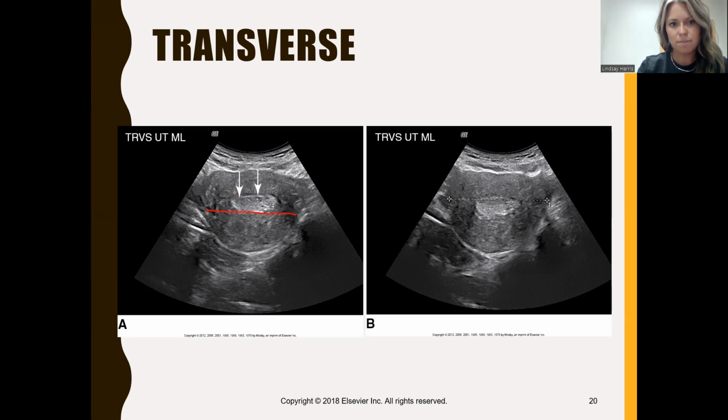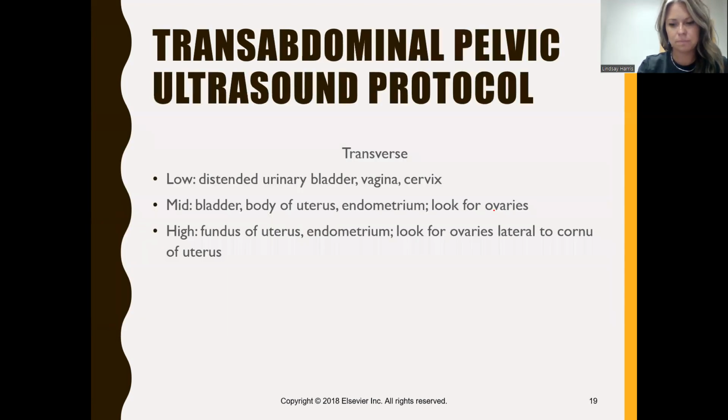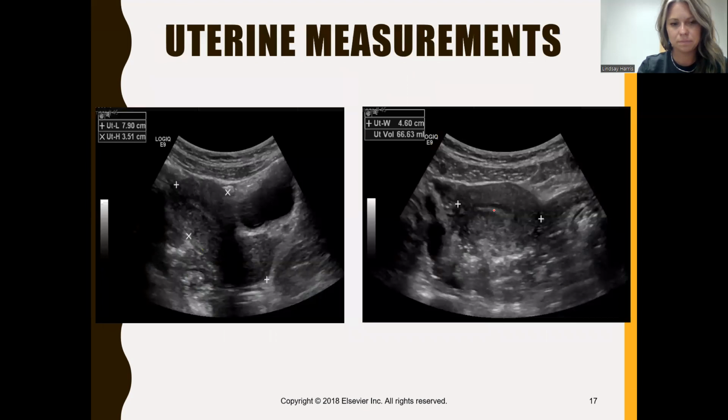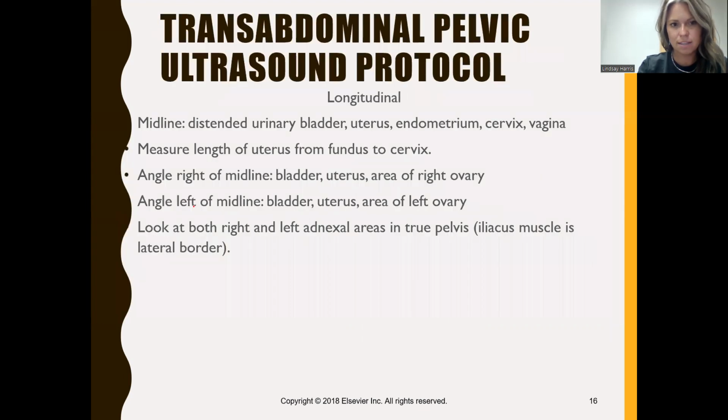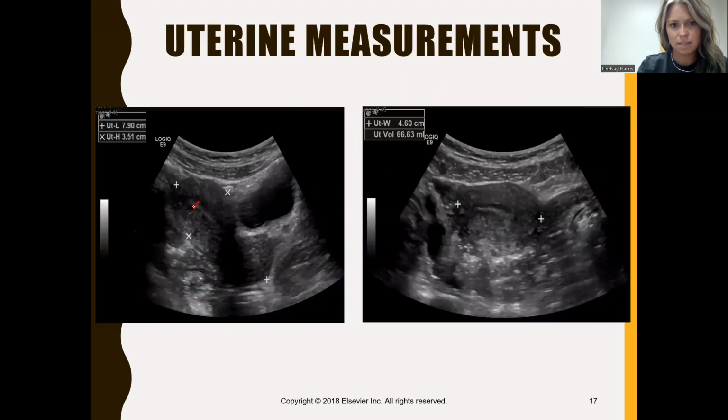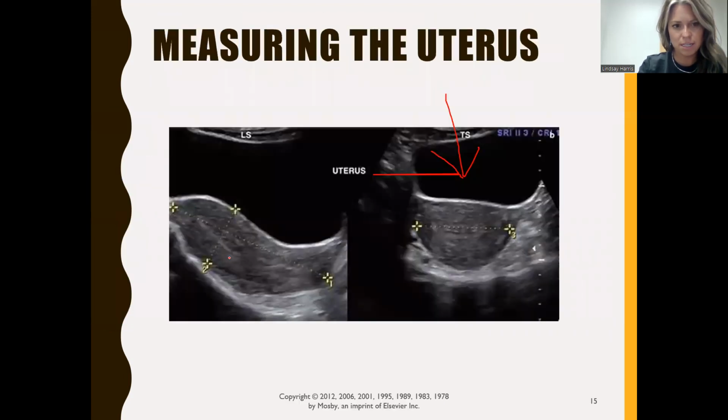These white arrows are pointing to the endometrium, which you will also evaluate. So you will also be measuring the endometrium. So you measure the AP diameter of the endometrium. So it's that white part that you see in each one of these images. It's this one right here.